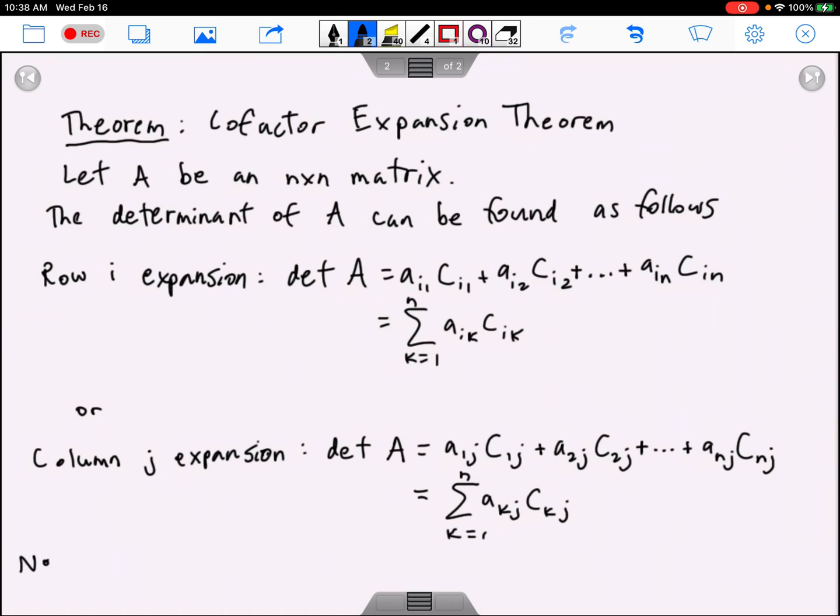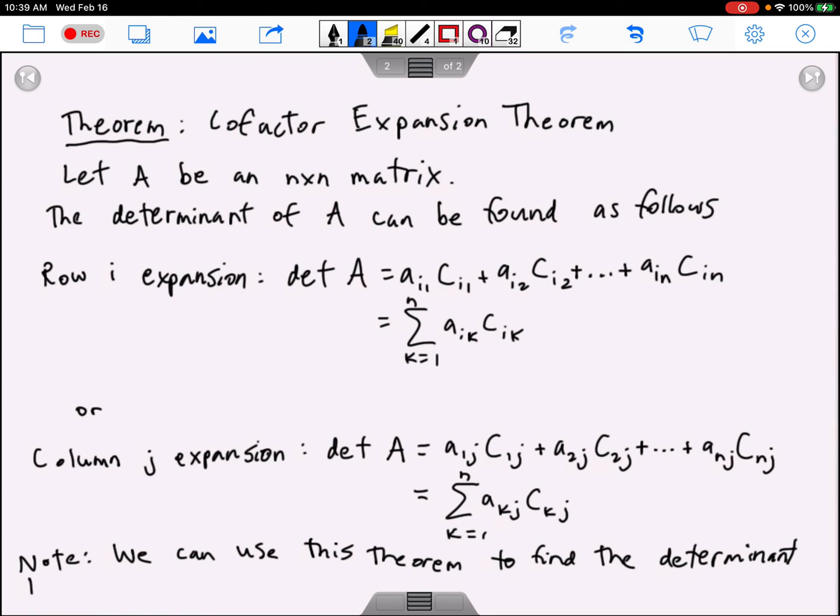So some notes here. We can use this theorem to find the determinant by expanding on any row or column of A. So that's why this theorem is so nice, because we can choose any row or column.